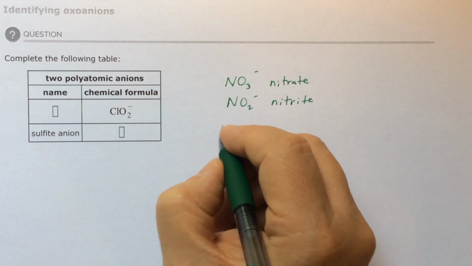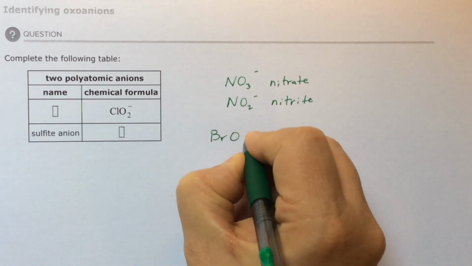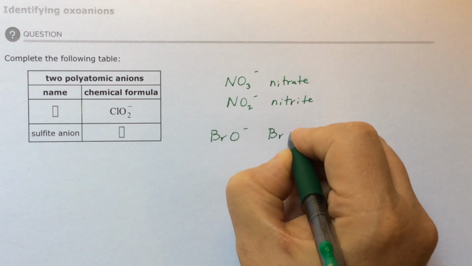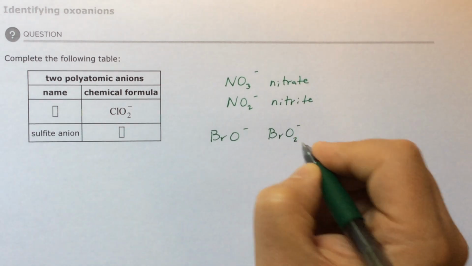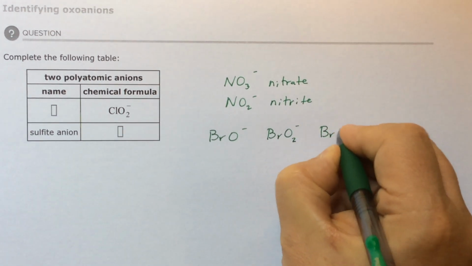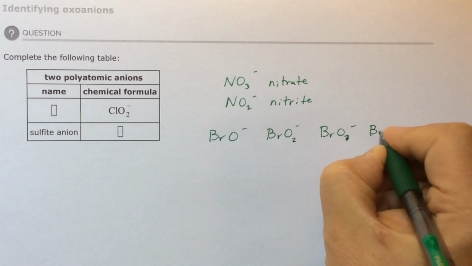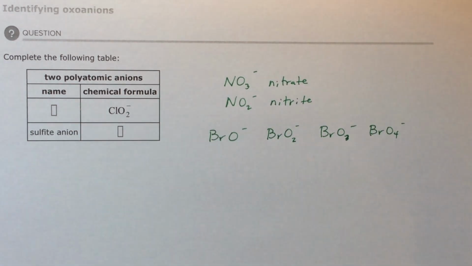If I were to say BrO -1, BrO2, BrO3, and BrO4. All of them are the same charge, but they form 4 different ones.